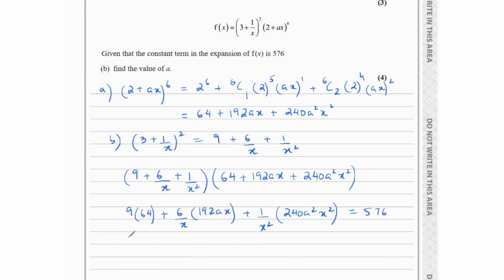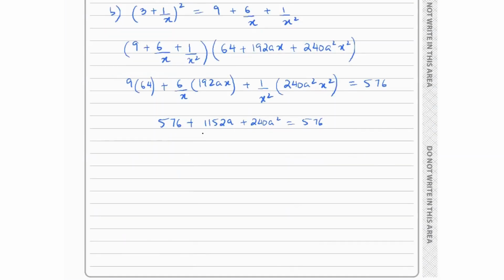That's going to be 576 plus 1152a plus 240a squared equals 576. So 1152a plus 240a squared equals 0. Taking a common, 1152 plus 240a equals 0.